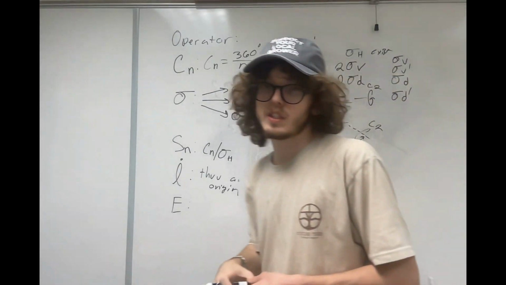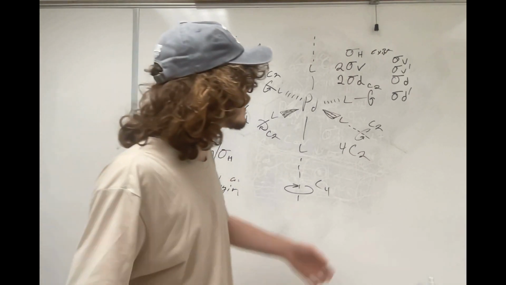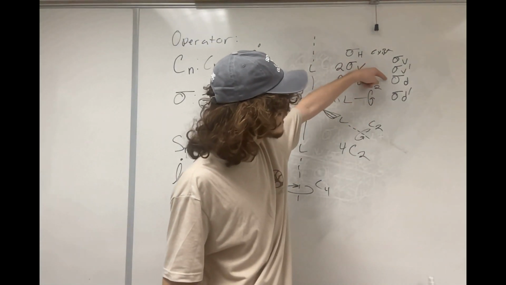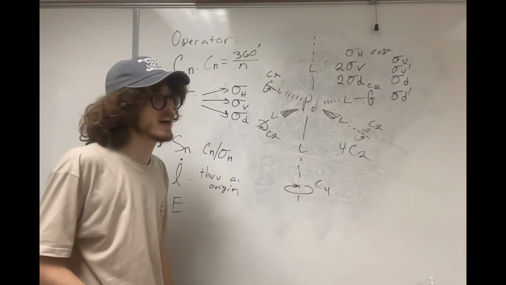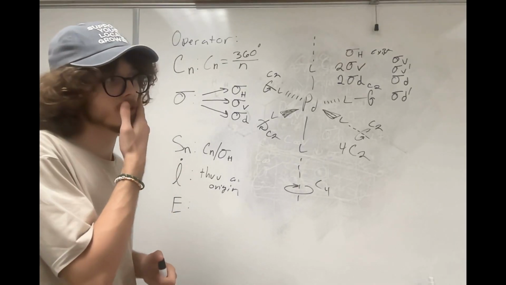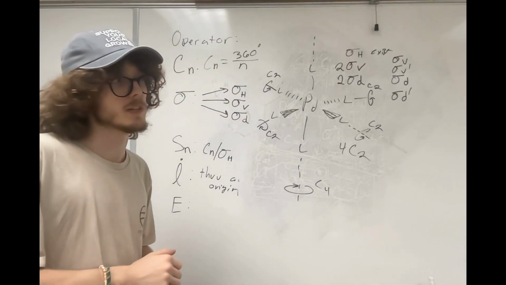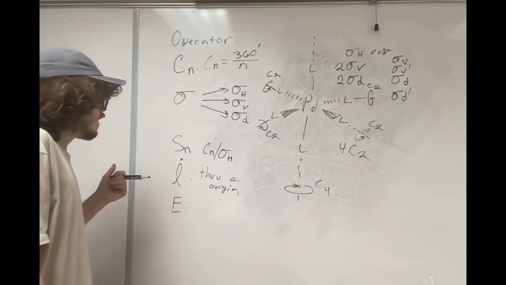There can only be one sigma h, so we don't have anything for that. But notice sigma v prime and sigma d prime come from the fact that we have 2 of those planes of symmetry in our molecule, or our complex, I should say.